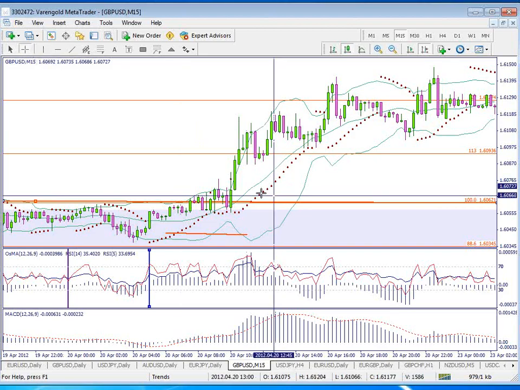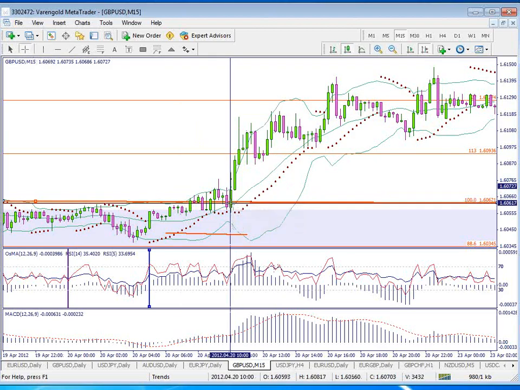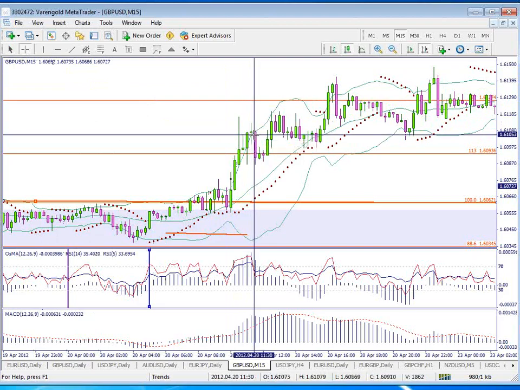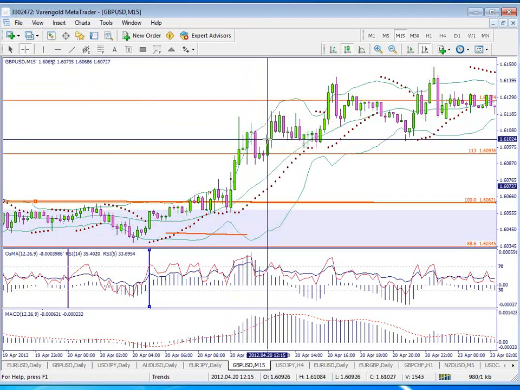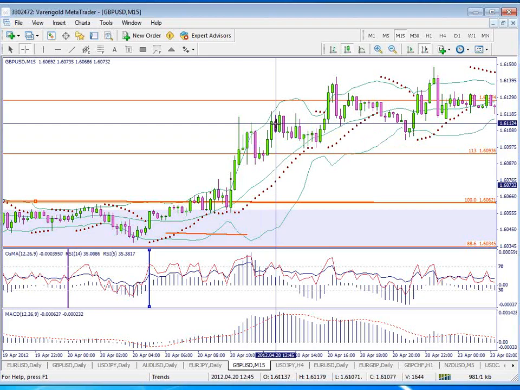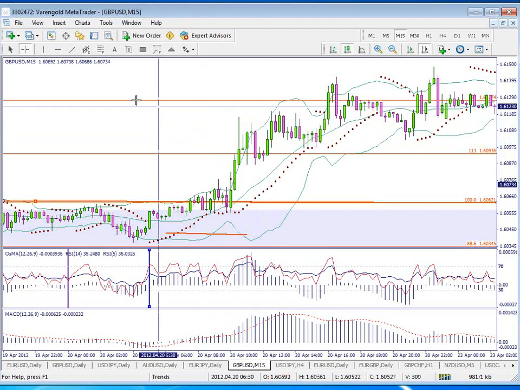We can take those signals, so from here up to the opposite signal I have about 31 pips. Here I have the signal for entry, here the signal for exit. After a short period of time, I have another signal for entry here, and in 30 minutes I have the signal to go out.